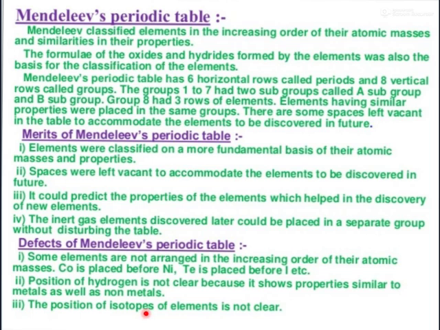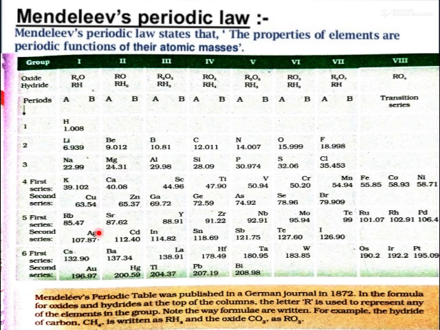The position of isotopes of elements is not clear. It is a very important point. In your 9th class, you already discussed isotopes. Isotopes are atoms of the same element which have the same atomic number but different mass numbers. If this table was arranged on the basis of atomic masses, take the example of oxygen.